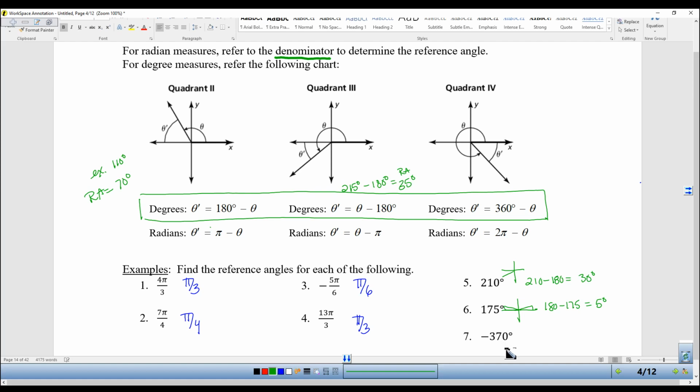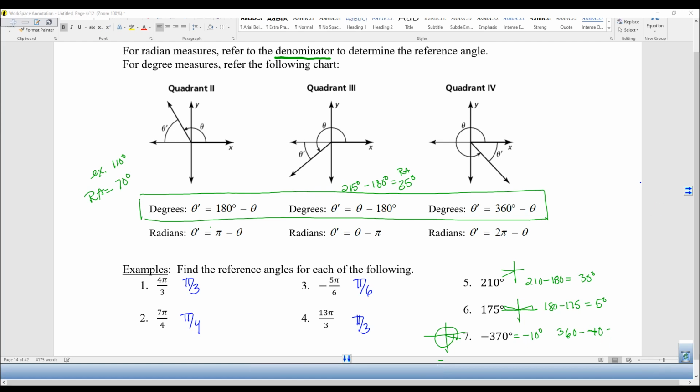Negative 370. So now it gets really tough. This is not even in our unit circle. Negative 370 went all the way around, more than a circle, more than 360. This is actually equal to negative 10, which is in quadrant 4. So I think to myself, oh, I'll use this little formula, 360 minus negative 10, but then you'll just get 370.